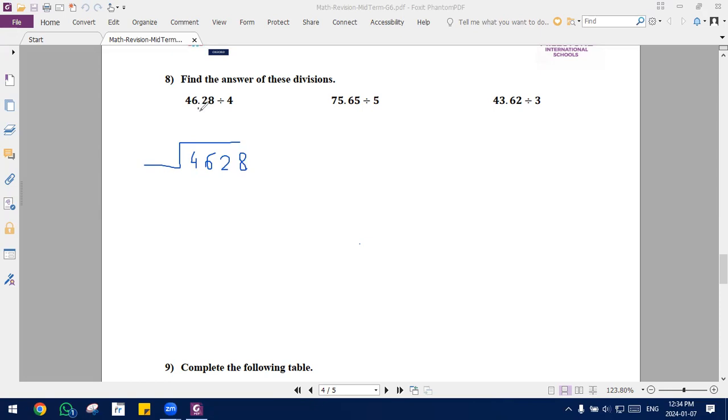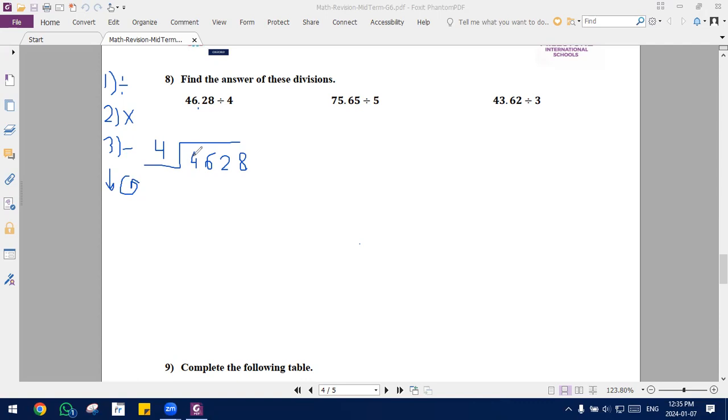So I ignore the decimal point. Divide by 4. If you forget the steps of the long division, step number 1, we divide. Step number 2, we multiply. Step number 3, we subtract to get the remaining, and then we take one number down, we repeat the steps.